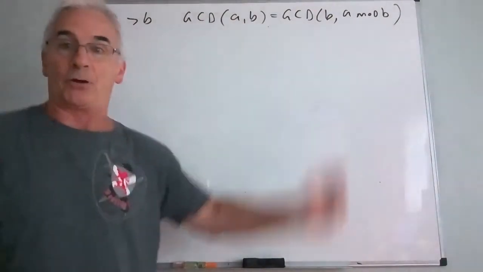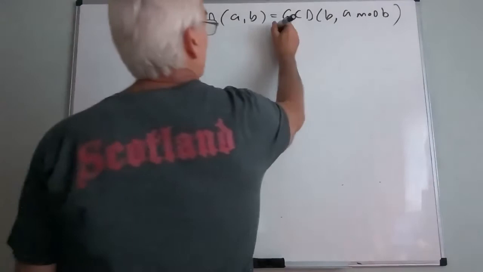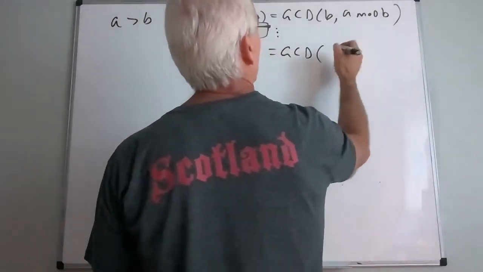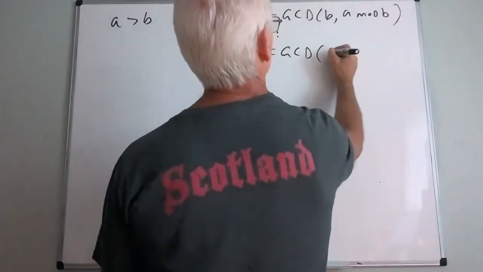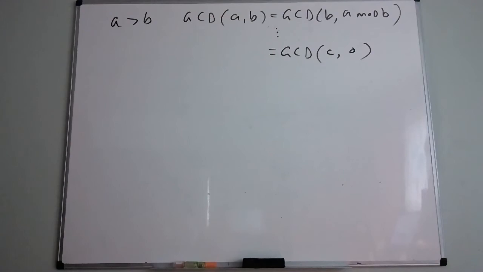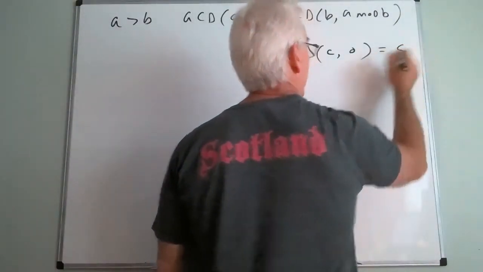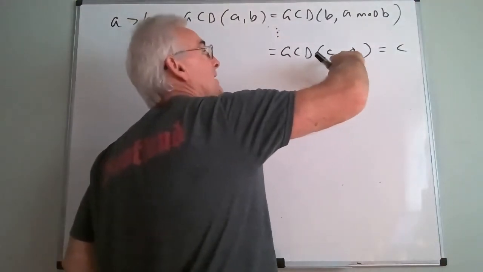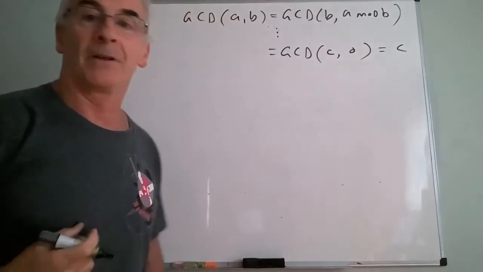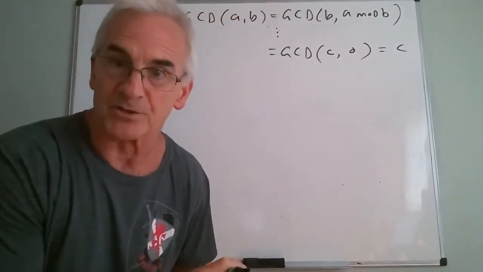That's all I ever showed you. You do this until you get something of the form GCD of, let's call it C, since we haven't used the letter C. At some point you get a statement like this for a positive integer C, in which case that's the answer, because it means I have no remainder. So it went in an even number of times. That was the algorithm to do that.